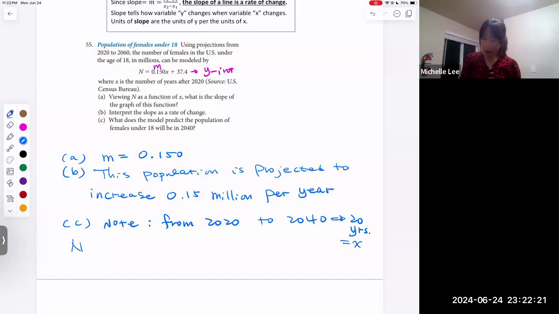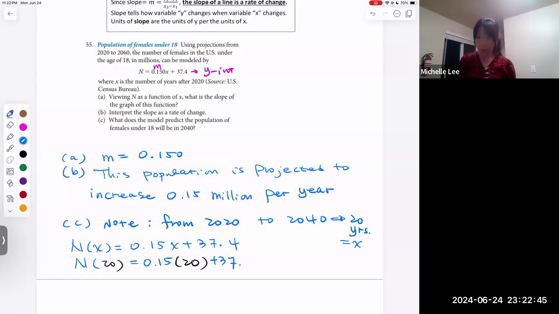N of x equals 0.15x plus 37.4. We substitute x equal to 20: 0.15 times 20 plus 37.4, which, if we calculate, we get 40.4 million.